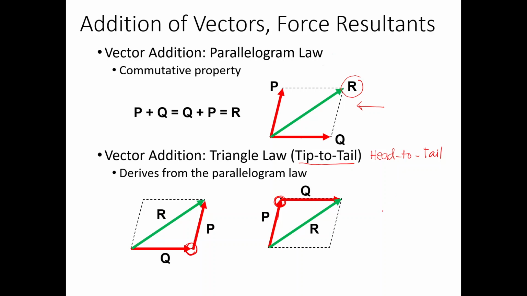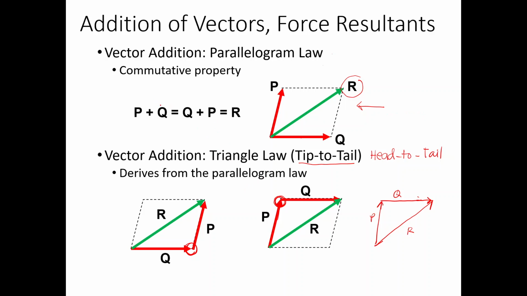Once you have those two force components together, that's the time you draw the resultant force. So R, P, and Q. Draw first the force components using the head to tail technique, then create the resultant force.